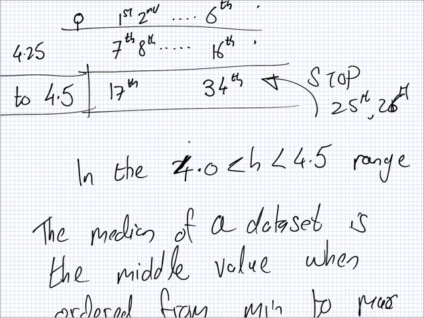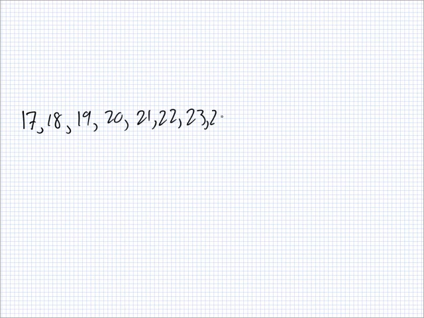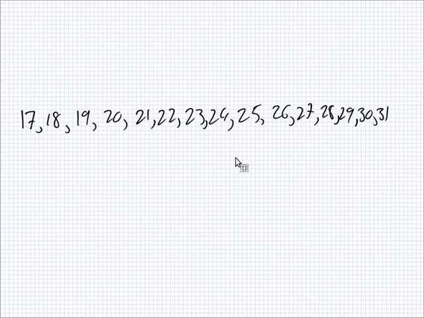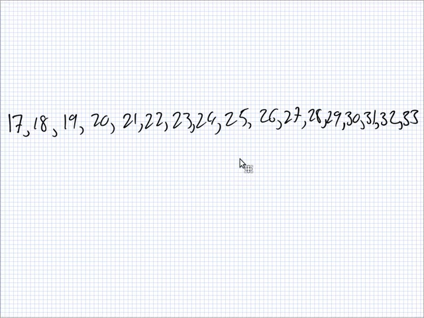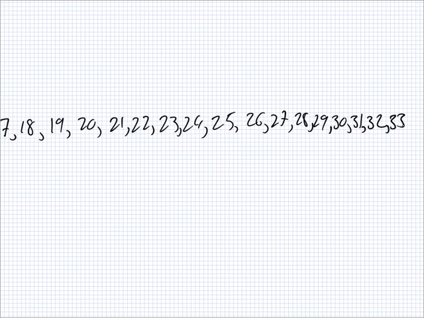Okay, so let me just draw this out for you. 17th, 18th, 19th, 20th, 21, 22, 23, 24, 25, 26, 27, 28, 29, 30. I regret starting this now. 31, 32, 33, 34.